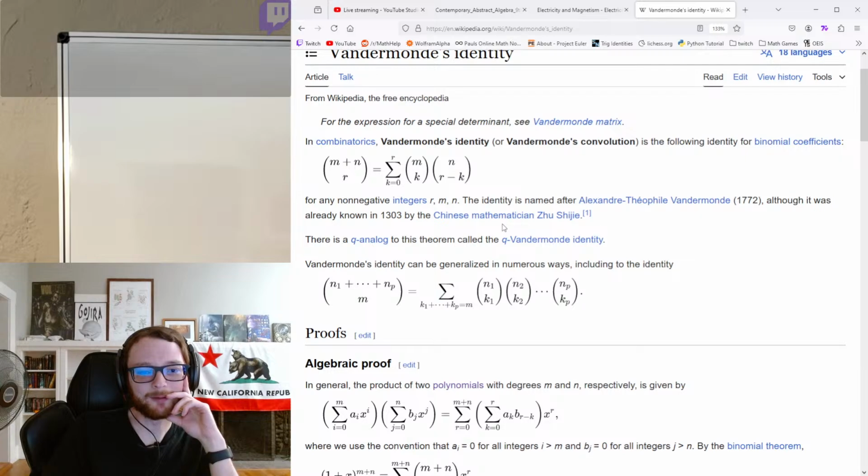I don't really know what's happening with this. It is called Vandermeer's convolution also, which does seem convoluted. I assume it has some helpful thing.